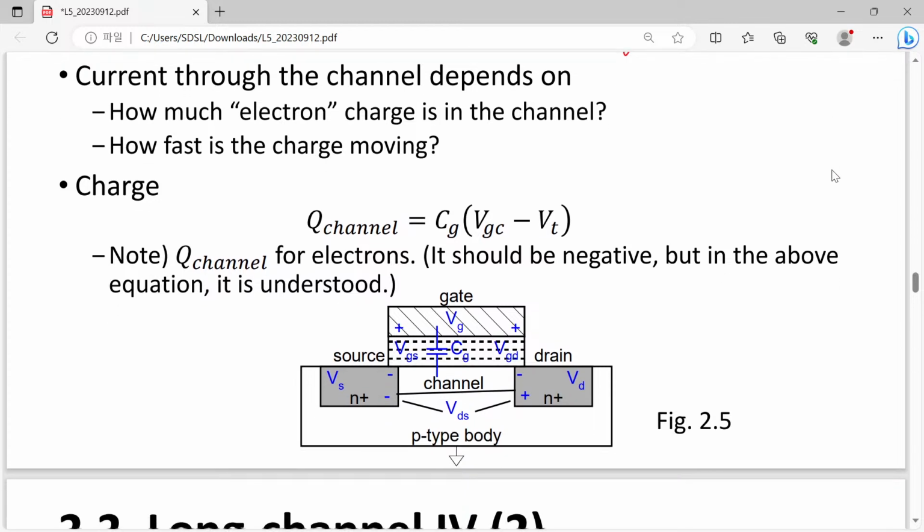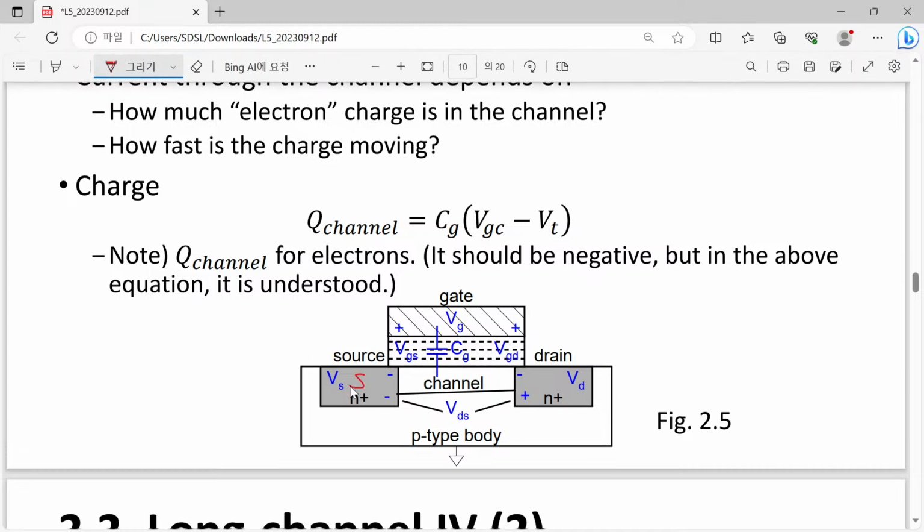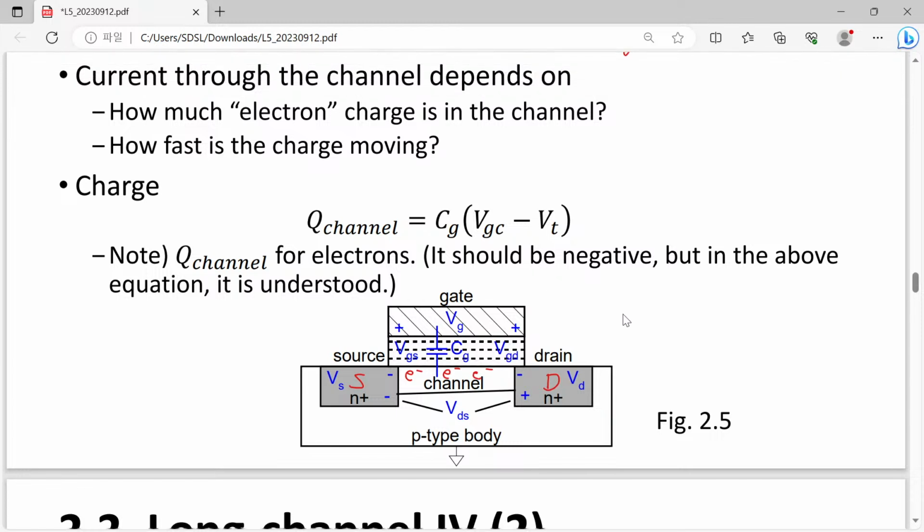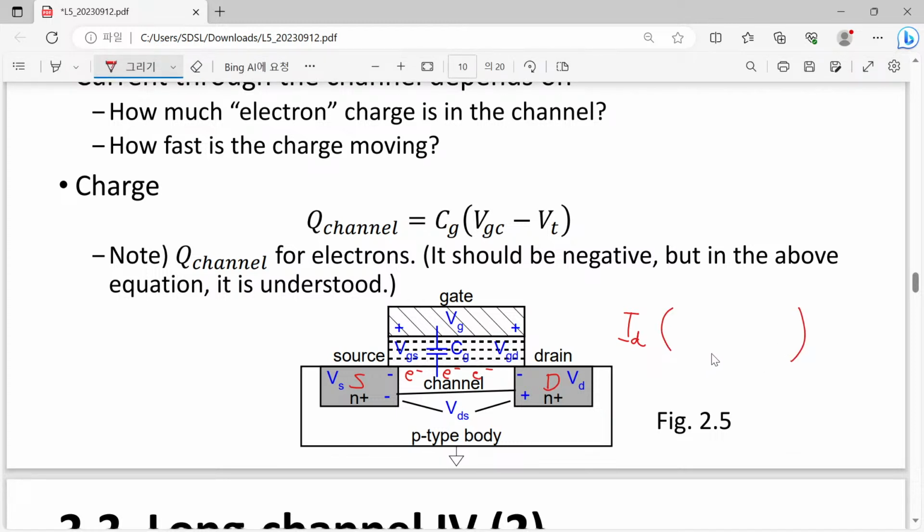Simply speaking, in this schematic we have a source and drain, and since the gate voltage is higher than the threshold voltage, we will have charges. Now we know qualitatively there will be certain current conduction, but our goal now is to quantify how large it is when a certain set of parameters are given.